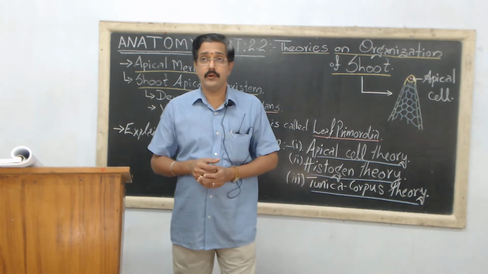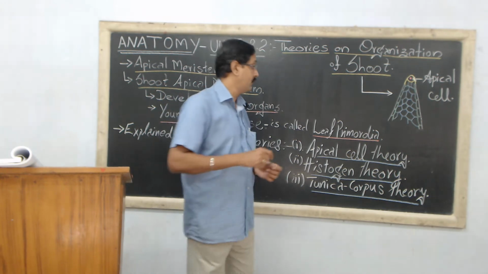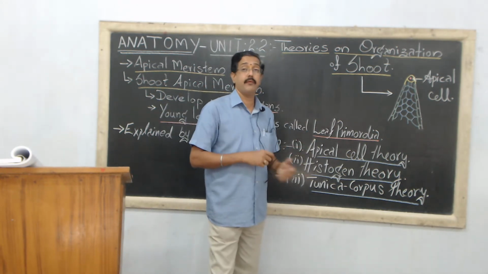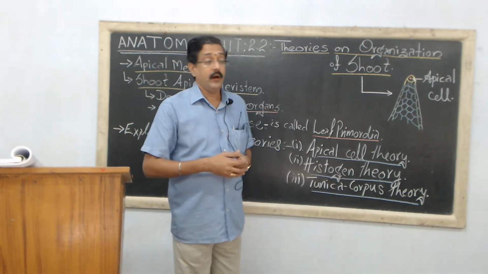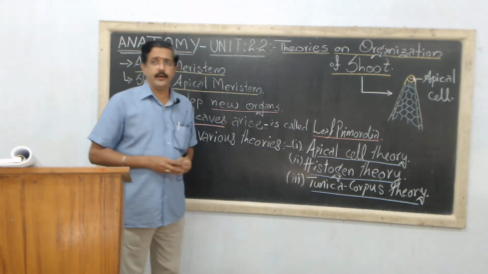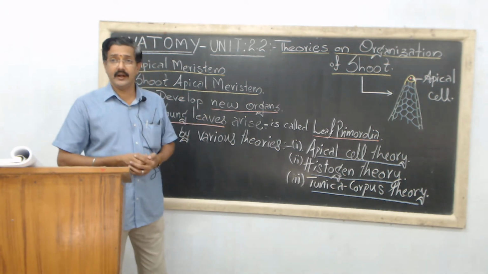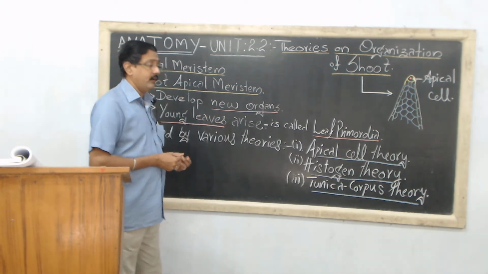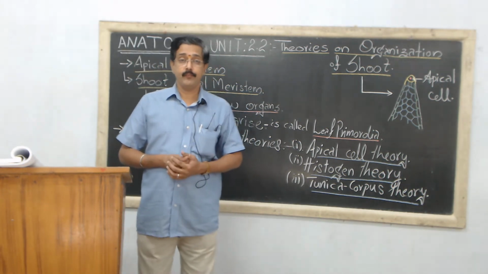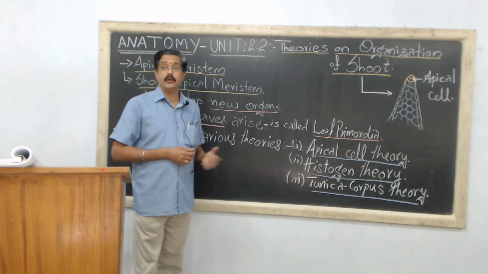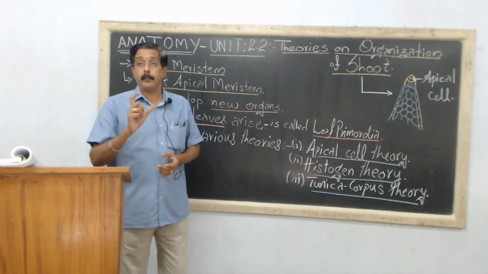The schools of thought derive how the organization and the differentiation of the shoot system with different organs is developed, and numerous theories were proposed for the organization of shoot by botanists, and ultimately three theories are accepted and followed to explain the organization of shoot system in plants.